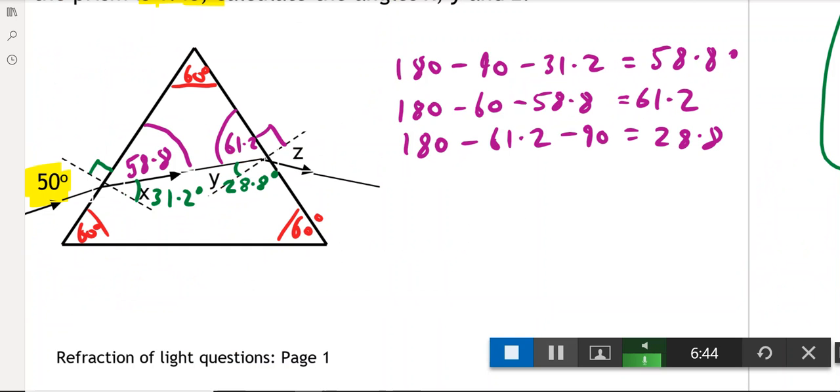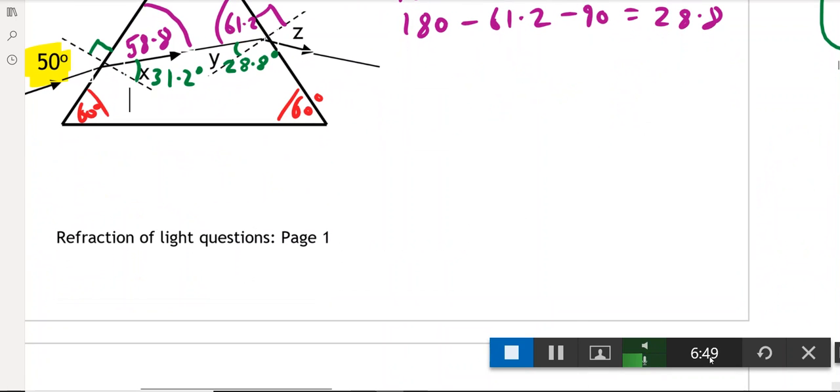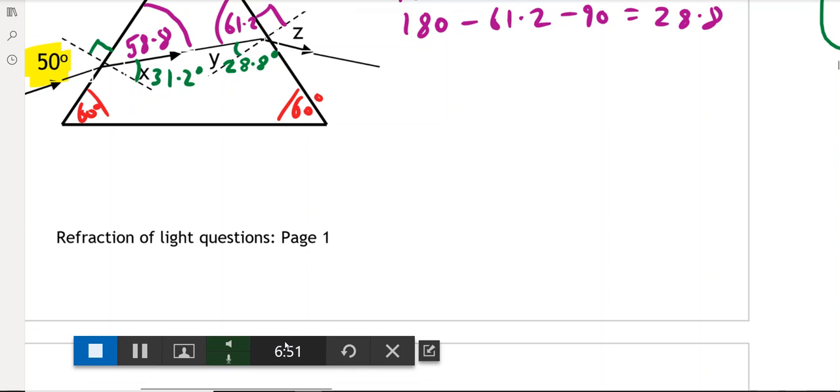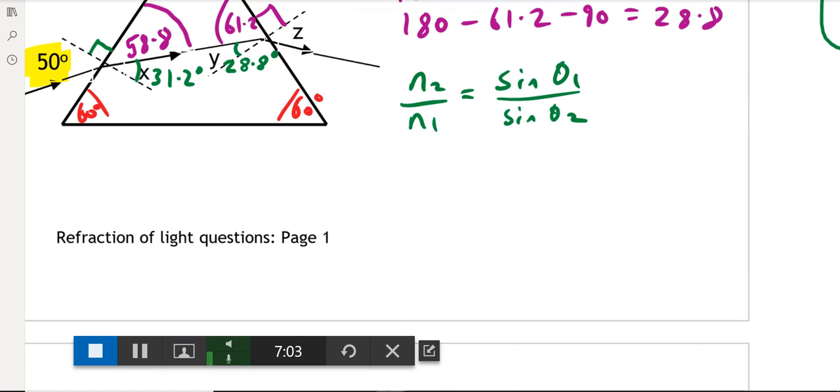So we're going to now try and calculate our angle z. The first thing we need to do is write down our formula. We have got n2 over n1 equals sine theta 1 over sine theta 2. Now our substance in this case, the material which the light is going into, is air.